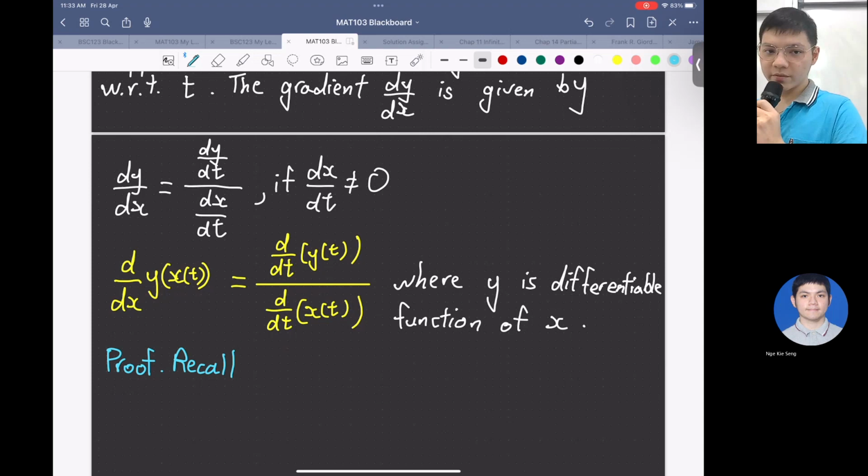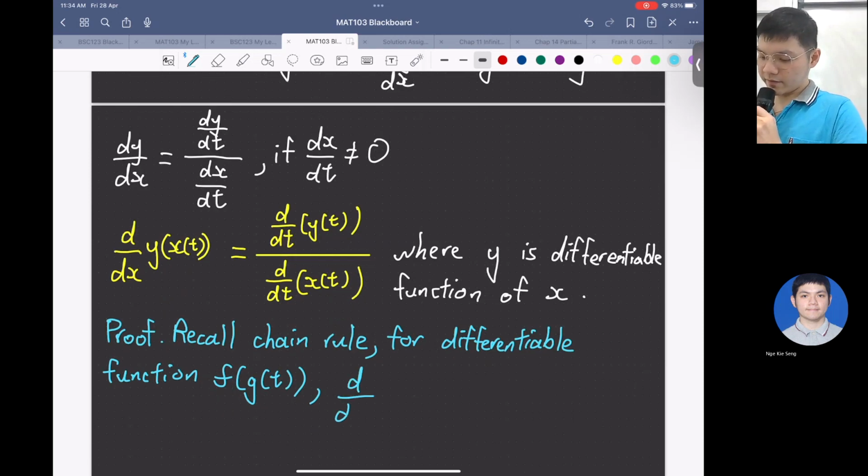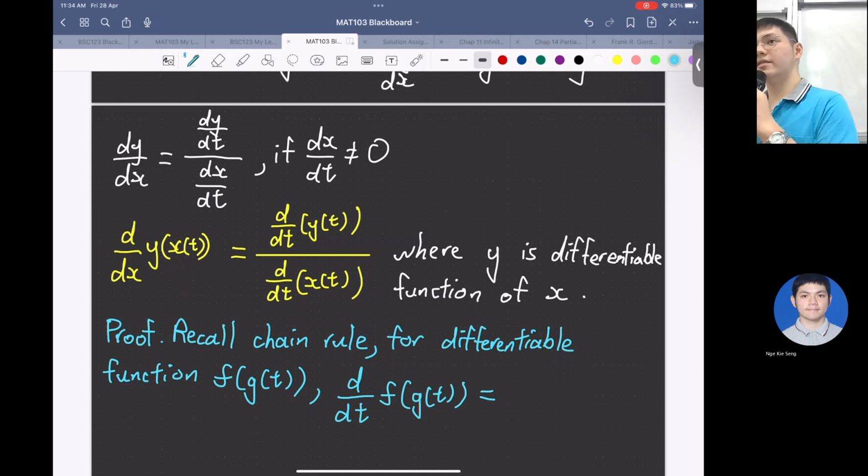Well, recall what the chain rule is. For a differentiable function f of g(t), how should we differentiate f composed with g(t) with respect to t? Anyone remember what the chain rule is?